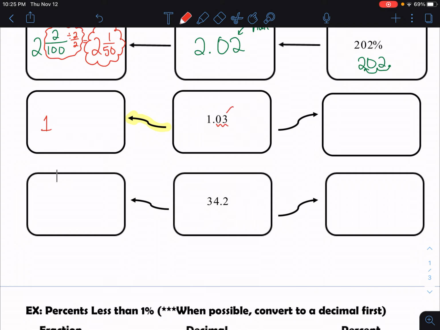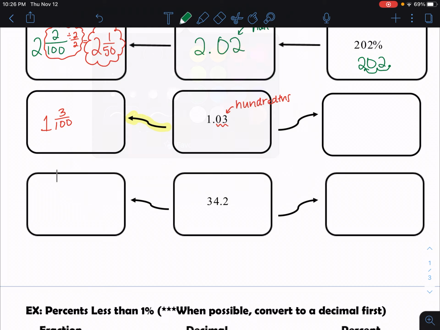This is the hundredths place again. Hundredths means over 100. It is also 2 decimal places, which is over 100. So this is going to be 1 and 3 over 100. This fraction cannot be simplified, so 1 and 3 over 100 is the answer.